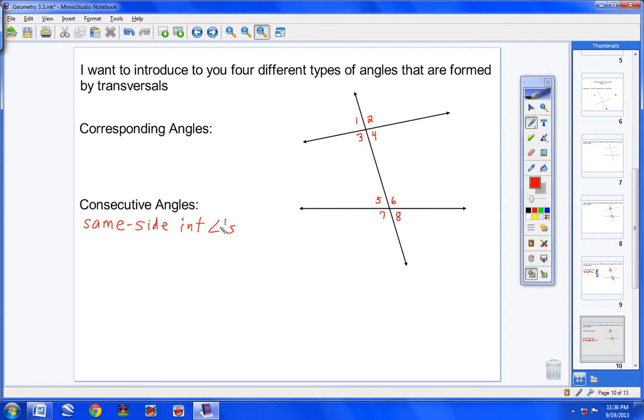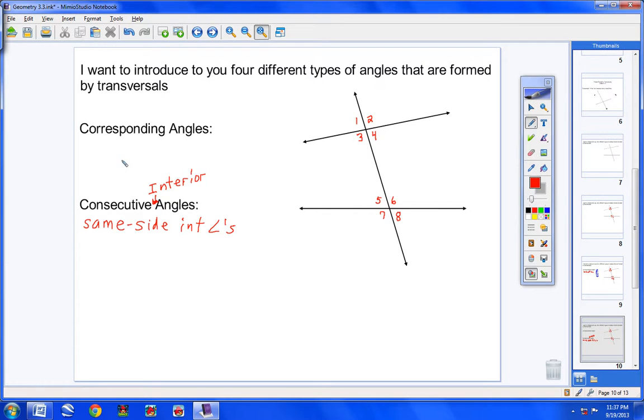Now I would make note of that. We're going to call them consecutive. I really should have put the word interior and I didn't, and I apologize. It's I-N-T-E-R-I-O-R, consecutive interior angles, okay?